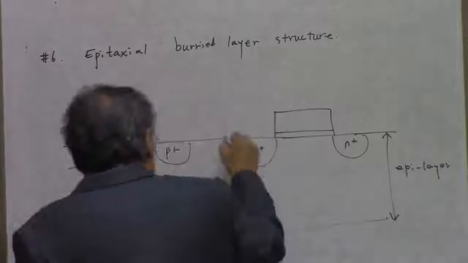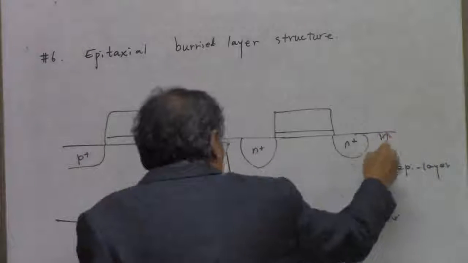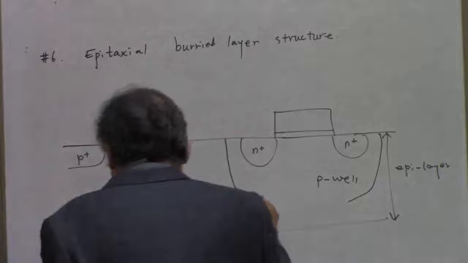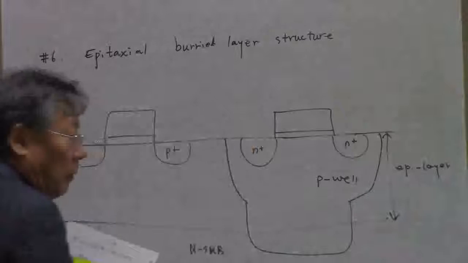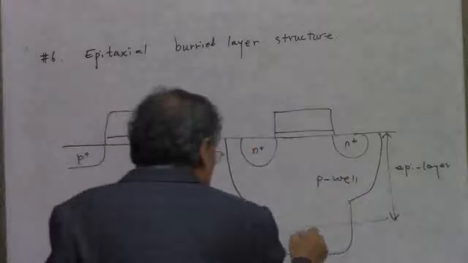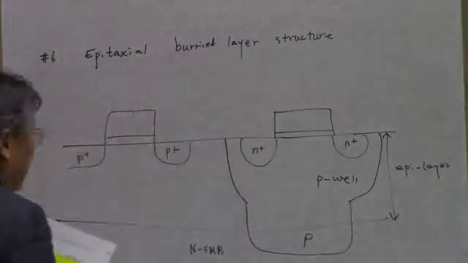And then you have the P well, and then it is going to be punched into this N substrate by out diffusion of this dopant, so that you have a P here and it works as a buried layer.